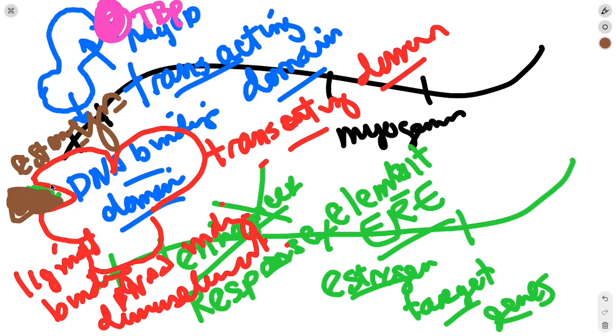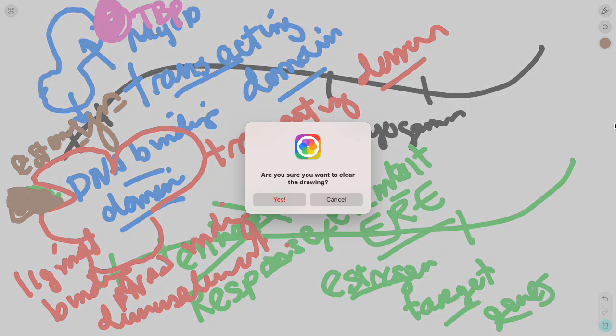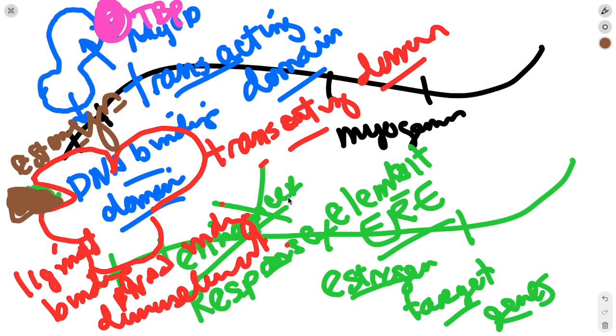Okay, so I'm just going to redraw this so you can see that a little better. That's why I drew MyoD, just to show us that MyoD has those two domains, and then estrogen receptor must have three. So we'll just draw this over.